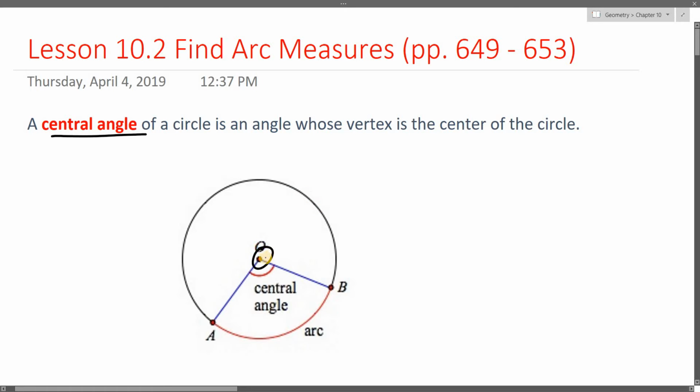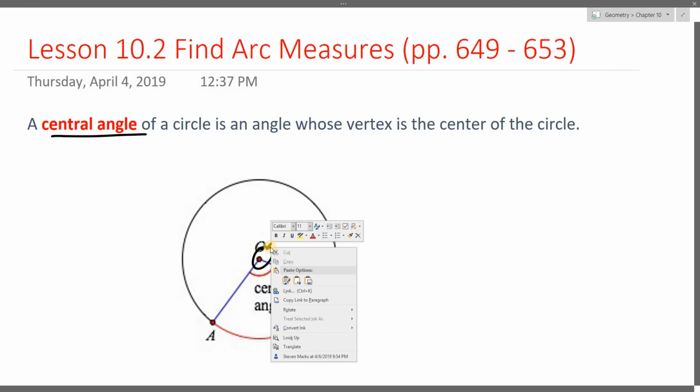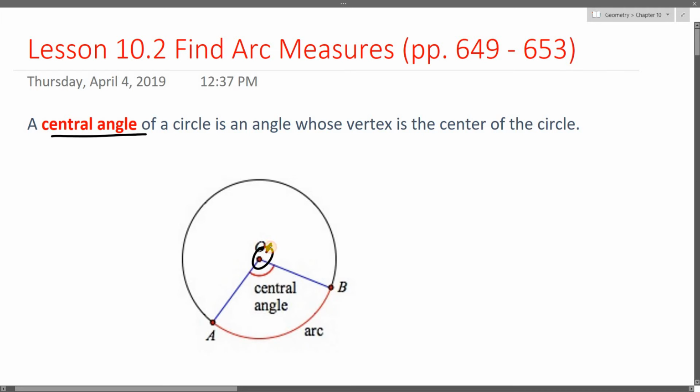So here's our particular central angle. Remember, an angle in geometry is two rays that share a common endpoint, and we call that part the vertex.